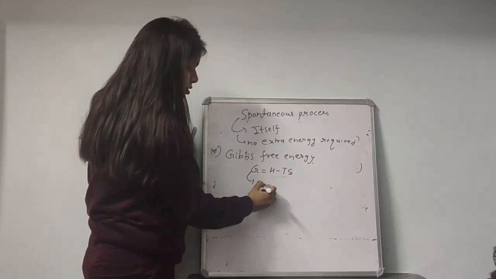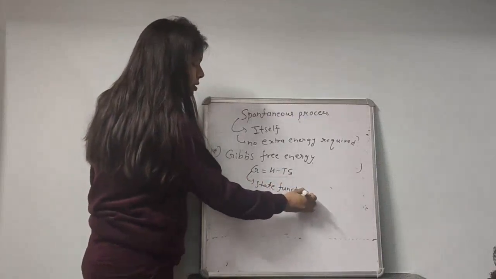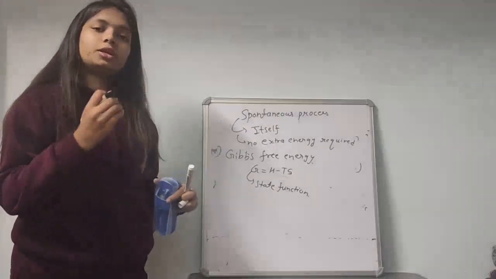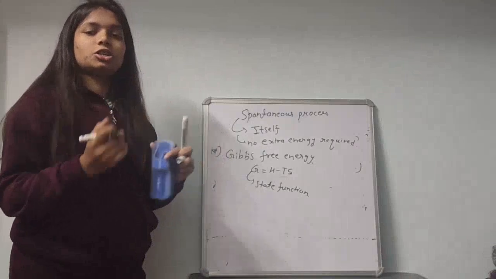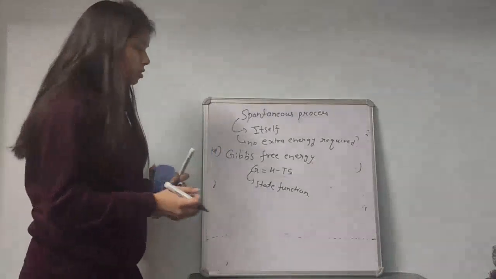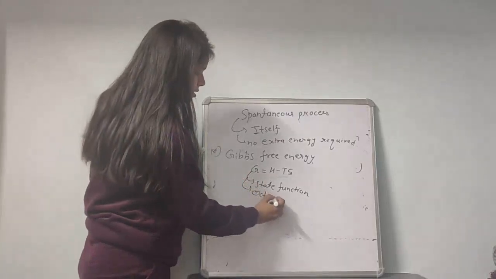It is a state function. What is a state function? State function means that G depends only upon the final state and the initial state of the reaction, not on the path it takes. It is also an extensive property.